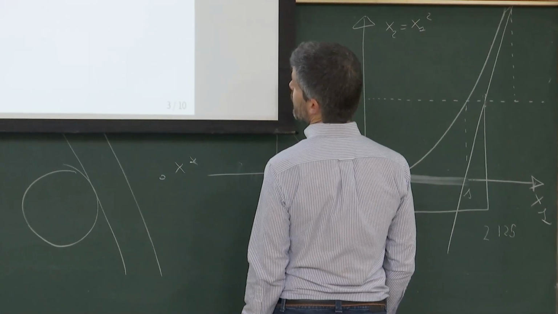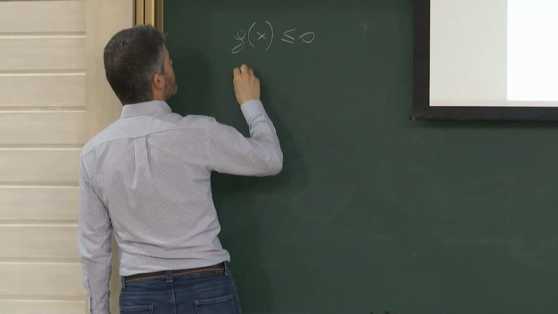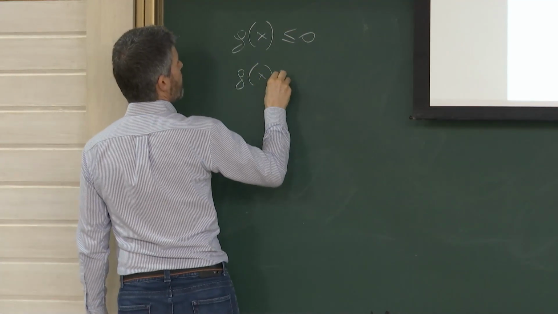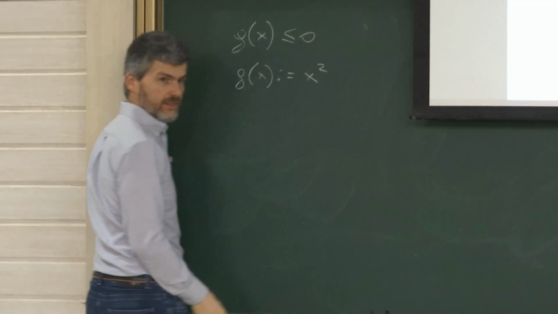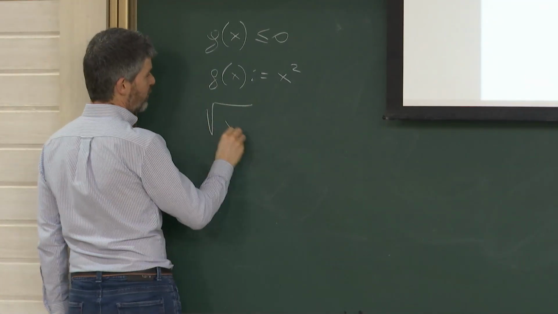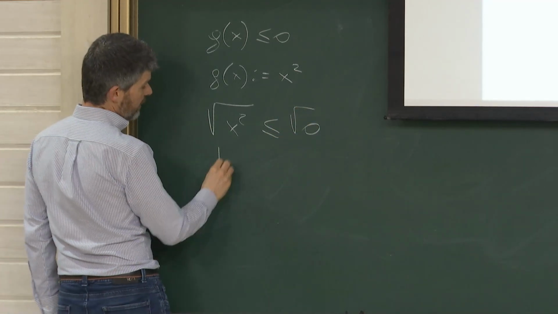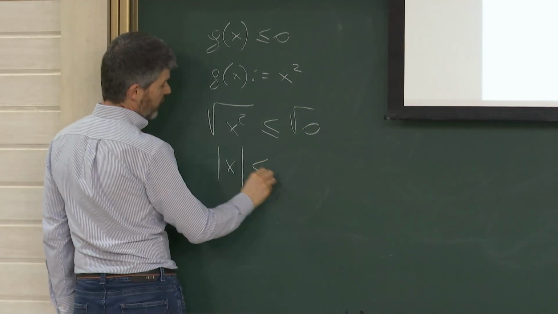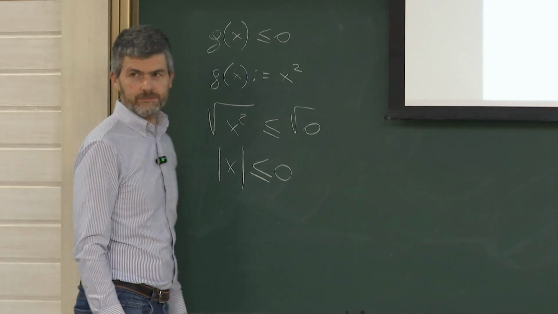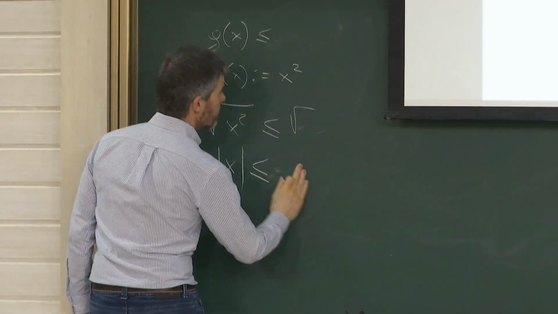So if instead of saying g of x less or equal than 0 for g of x defined as x squared, you did instead, let's take the square root of this, of x squared less or equal than square root of 0. What you would get is absolute value of x less or equal than 0. Come on. That should have been a 1, sorry.